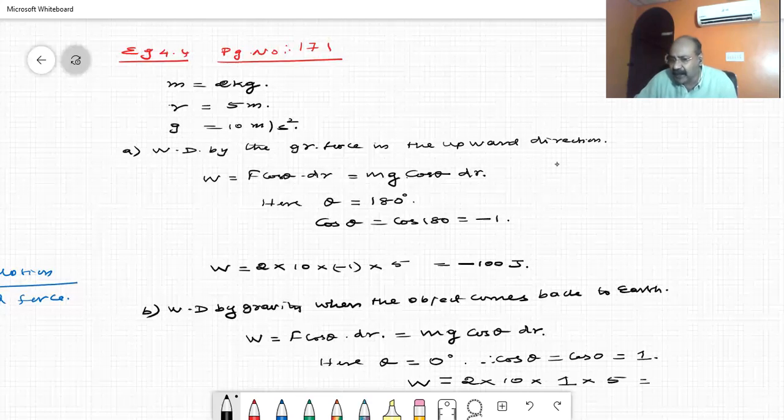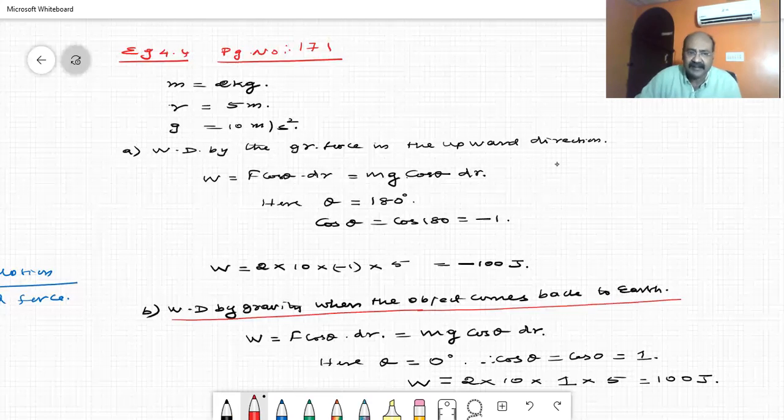So the total work done is considered to be what? The total work done is considered to be 100 joule. But here the 100 joule is considered to be positive because along the direction of force, we are having the displacement. So we have calculated the work done by the gravitational force in the upward direction as well as in the downward direction.